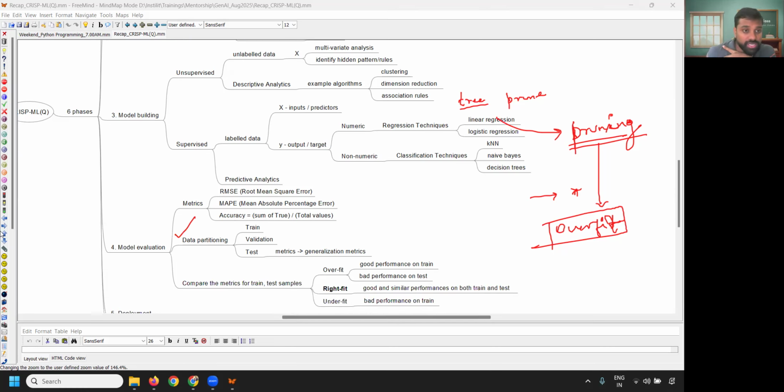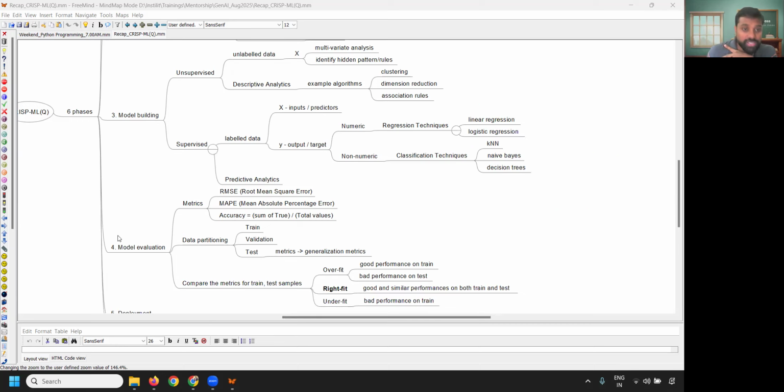Yesterday we talked about this, right? So decision trees are the algorithms which are most prone to overfit condition. To control that, we do hyperparameter optimization or hyperparameter tuning. That is nothing but pruning in decision tree scenario.